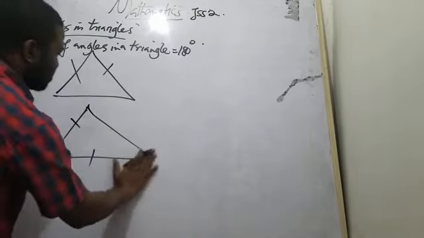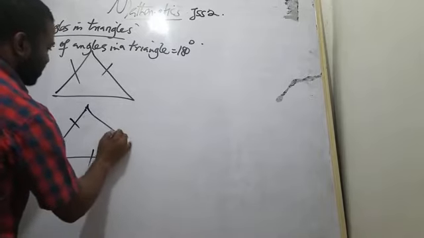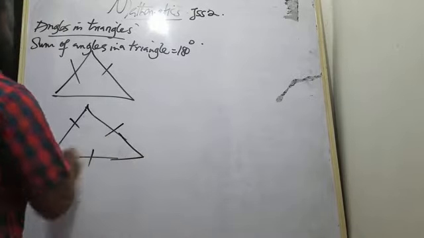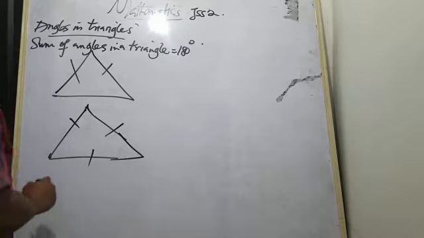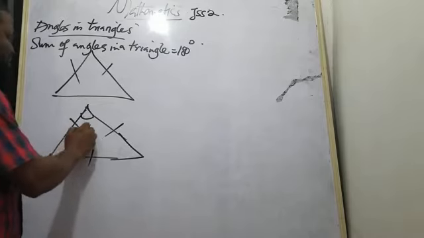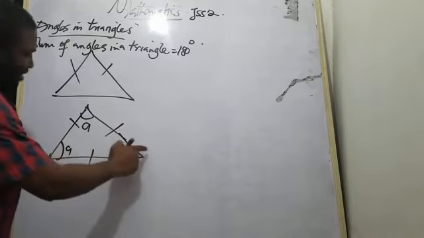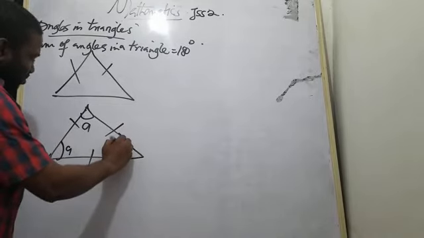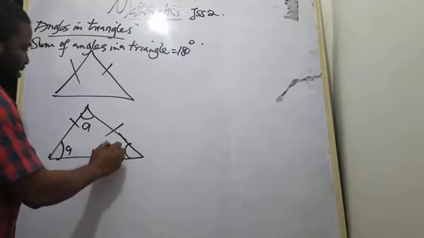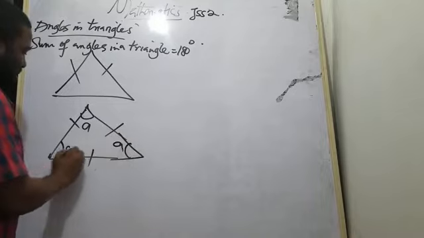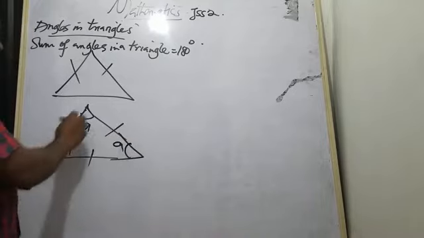This is equal to this, and this is also equal to this. These three sides are equal. If this is angle A, this will be A, this will be A, and this will be A.